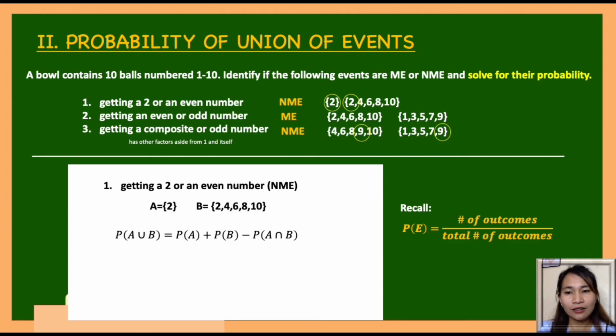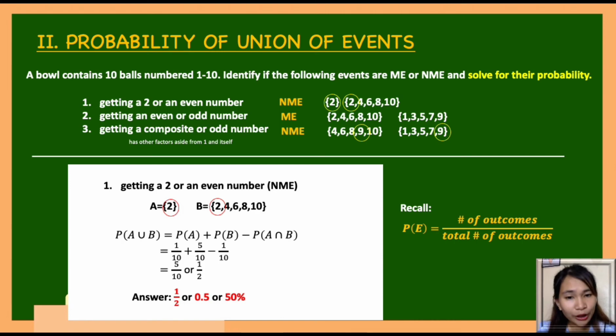Then minus their intersection. Do we have a common element? The answer is yes, and we only have one common element, that's why we have minus 1 over 10. Performing the operation, we get 5 over 10 or 1/2. You may also express 1/2 in decimal or percent form, because probability can be expressed as a fraction, decimal, or percent.